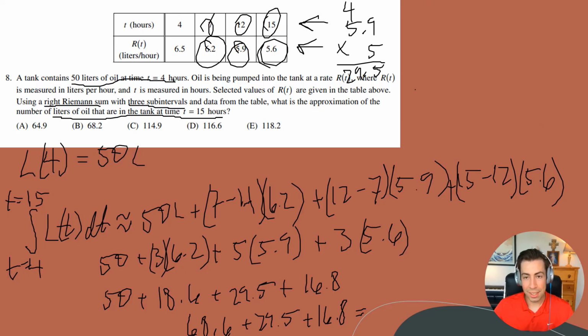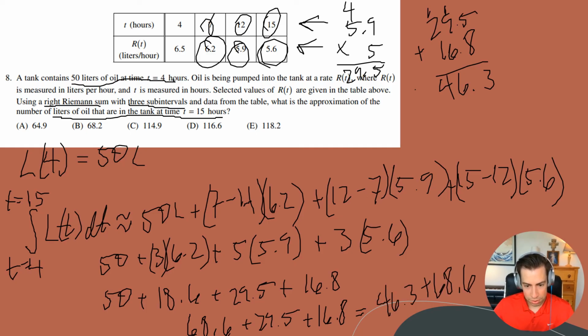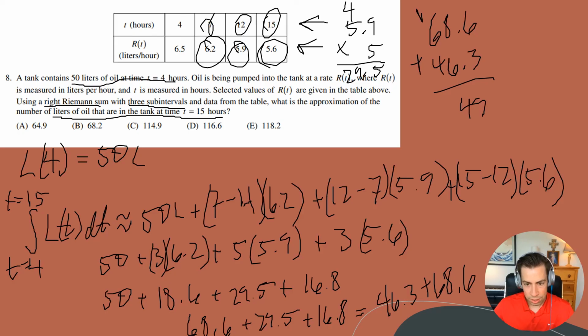And technically, this is not the calculator section, so you'd actually have to do this manually. So 29.5 plus 16.8 is 46.3, plus 68.6.